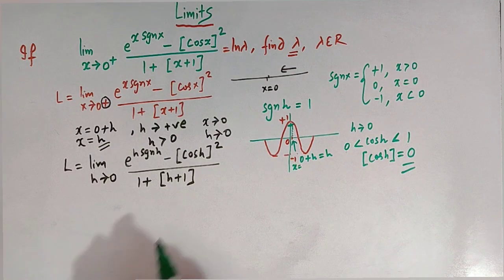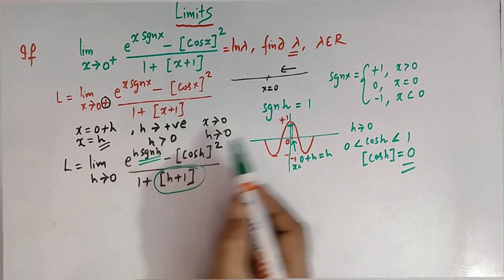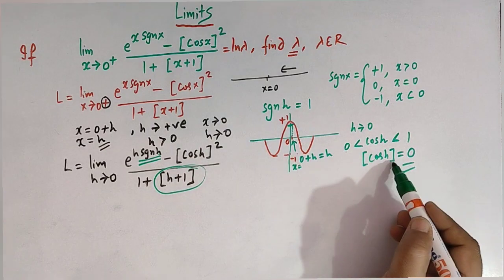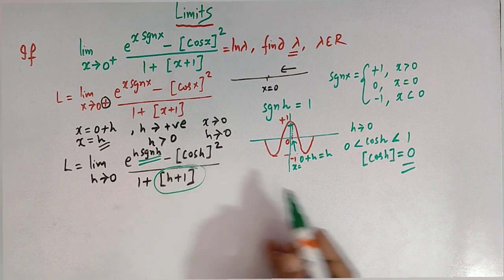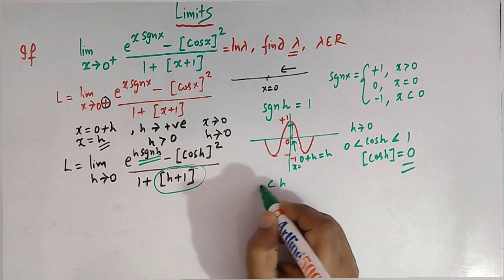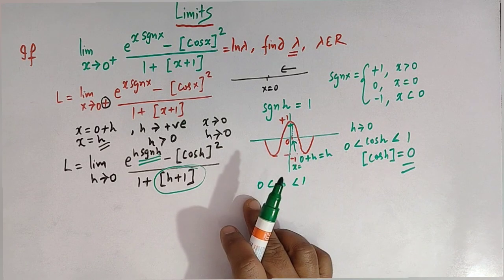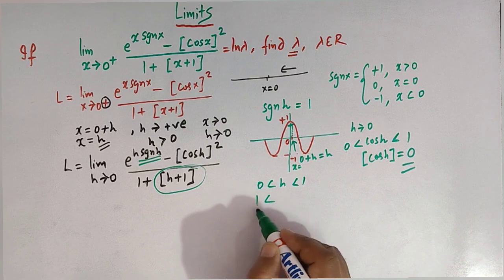So now let us take this term, right? We have taken signum of h here and cosine of h, greatest integer of cosine of h. Now let us take greatest integer of h plus 1, right? See, h lies between 0 and 1. And if we add 1 throughout this inequality, we'll get 0 plus 1 is 1.